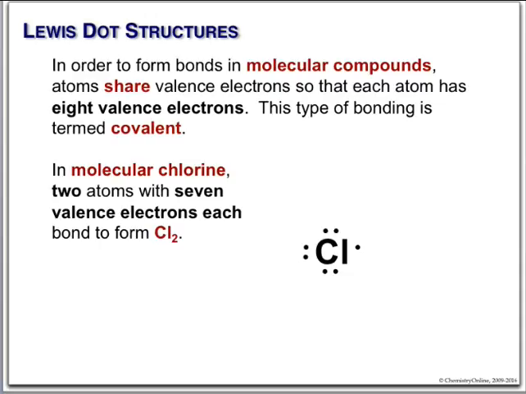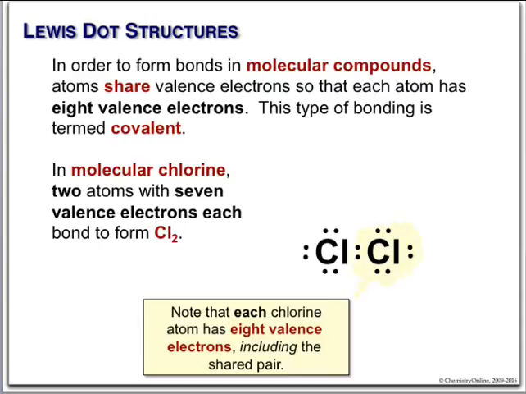Why is that? Well, this is chlorine, it's group 7, right? 7 electrons. To make Cl2, what you do is you simply bring in another chlorine, like that. Now, if you look at it, we're sharing these 2 electrons between them.